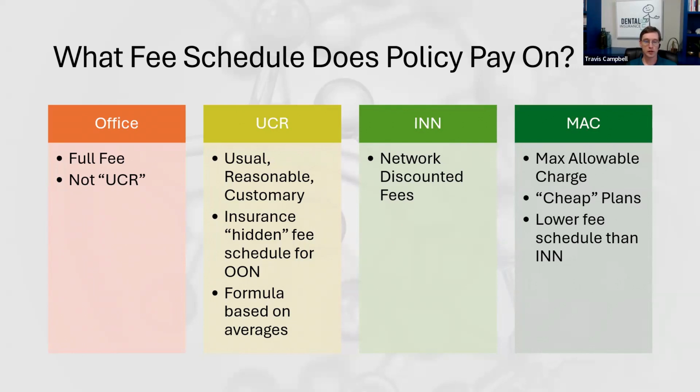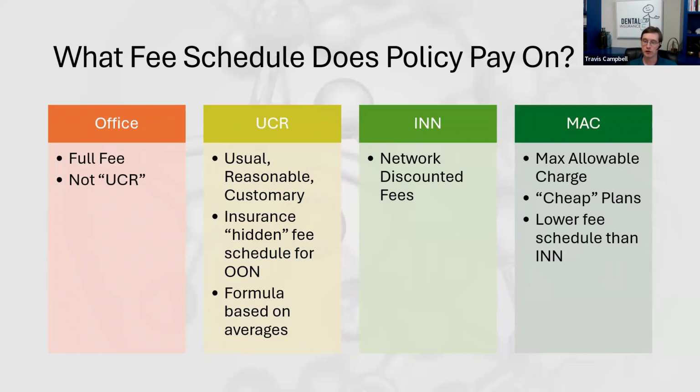So one rule to always know: always, always, always send full fee on claims. There is no reason ever to not send a full fee on a claim. That's what you always need to do, no matter if you're in network or out of network, and actually in network, which is the next thing we're going to talk about, part of your contract is to submit full fees every time, no matter what you do.